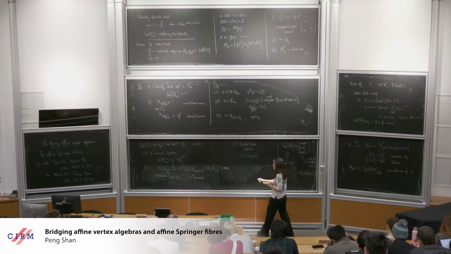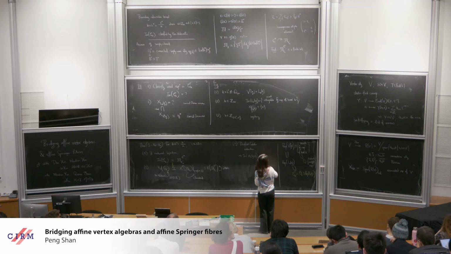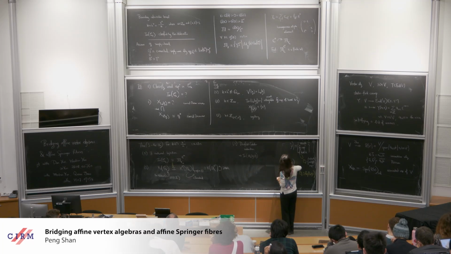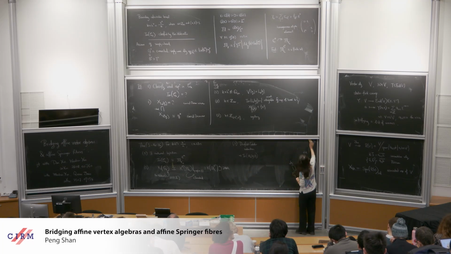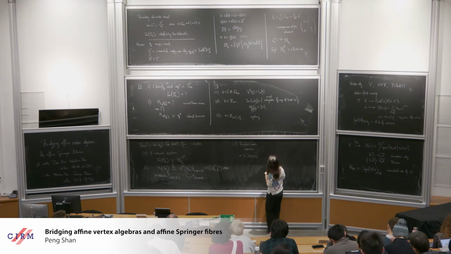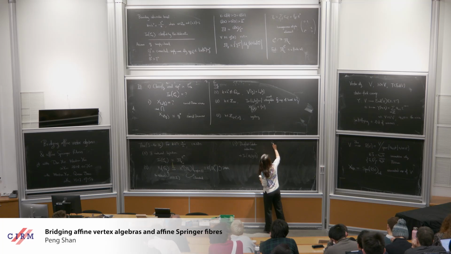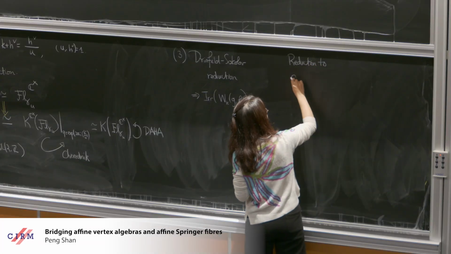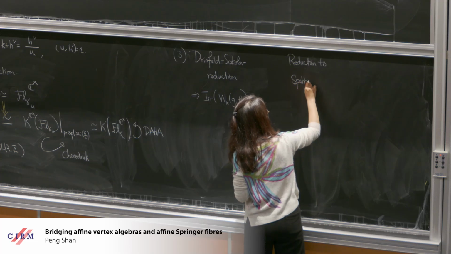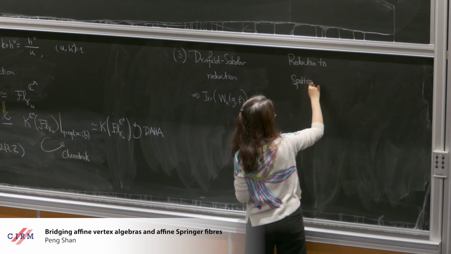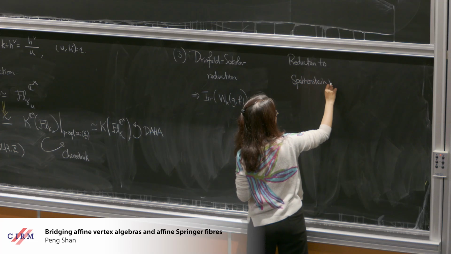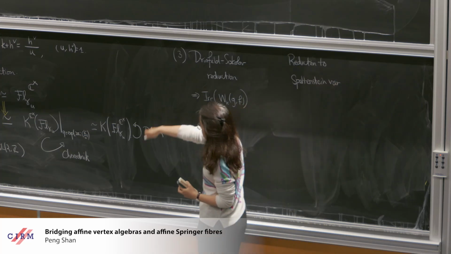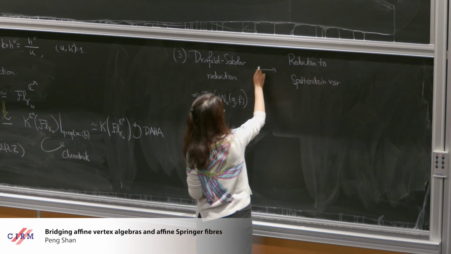On the geometric side, you have a kind of reduction from Springer fibers to Spaltenstein varieties. And under the bijection we are discussing, these two correspond to each other.